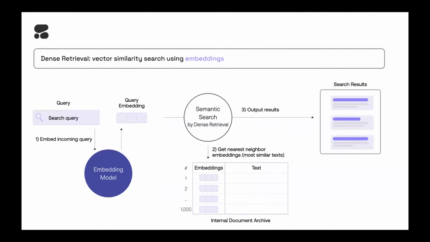What happens on the back end is that the search query is actually sent to a language model. And this is an embedding language model. This is a model that takes in text and outputs not text. It outputs something different. It outputs a vector, or a list of numbers that capture the meaning of that query. And then that vector is passed to the vector search database, which finds the nearest neighbors for this vector. And the nearest neighbors will turn out to be the best results for this search.